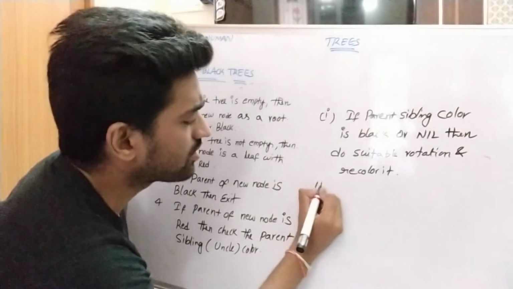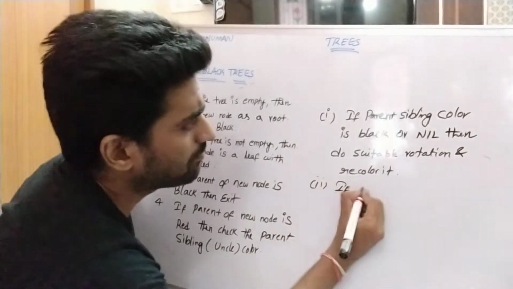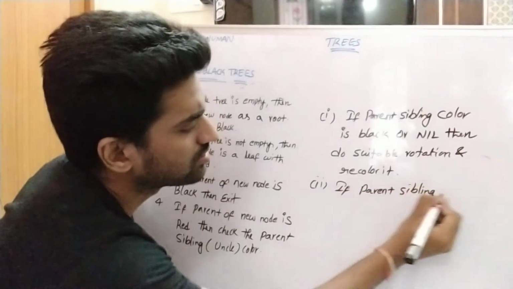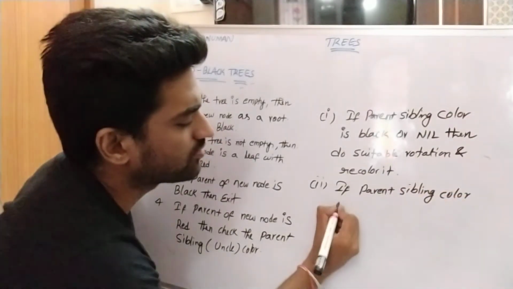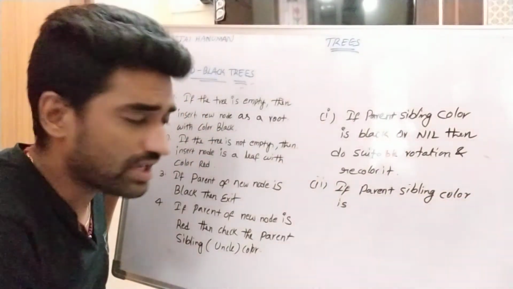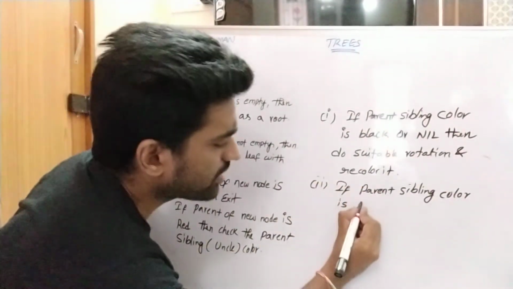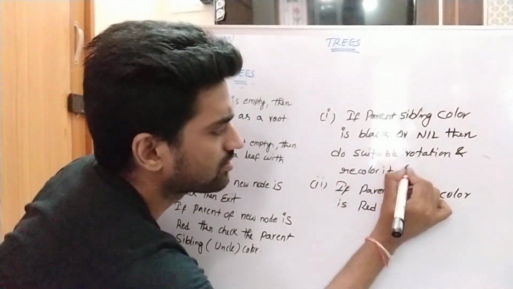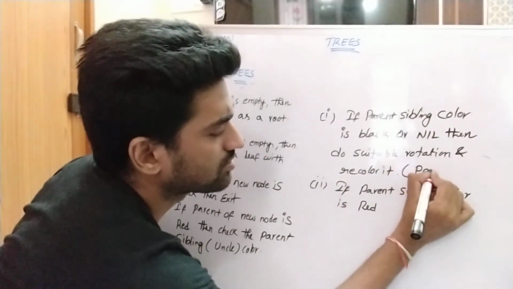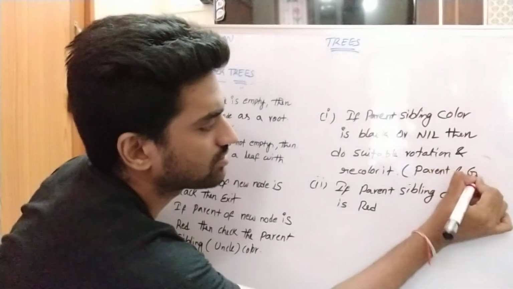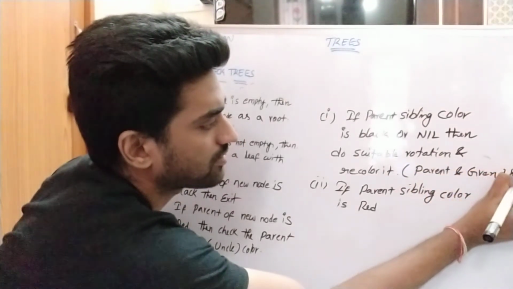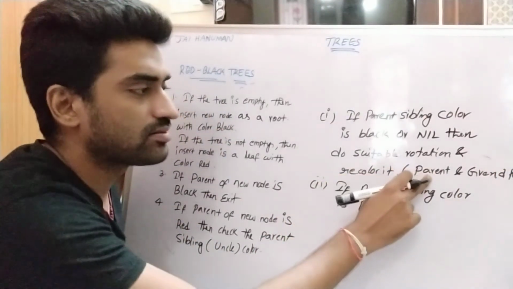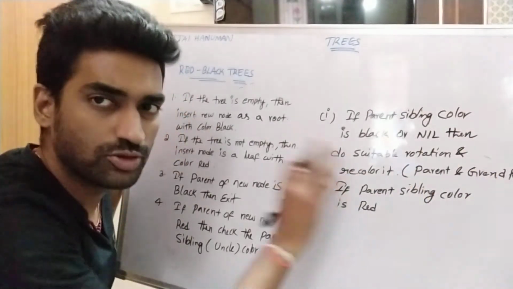Suppose the parent sibling color is red. Then recolor the parent and grandparent, so recoloring is performed on the parent and parent sibling of the new node.